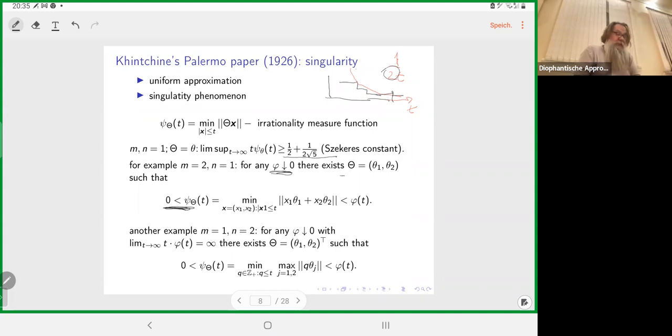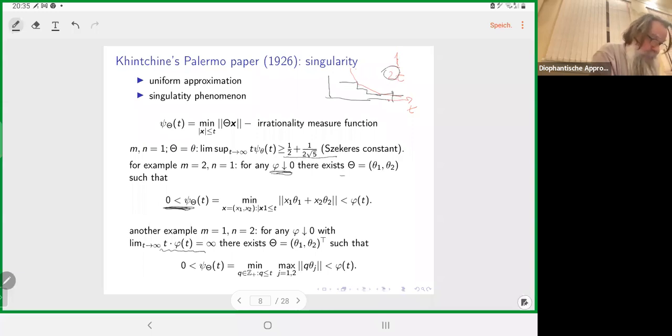And if we deal with simultaneous approximation, the situation is a little bit different. You should assume that the function does not decrease to 0 very fast.